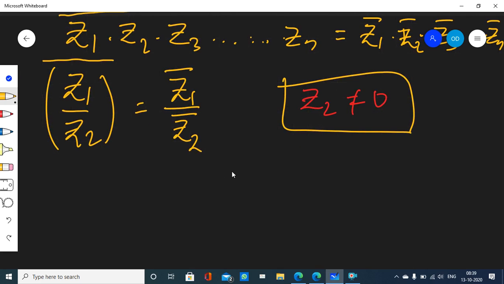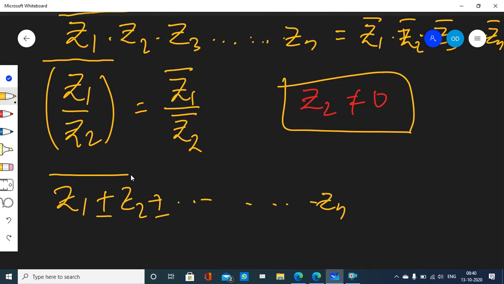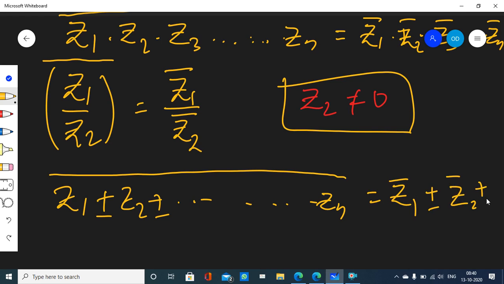Clear? And what else we learned, that if z1, z2, z3 are complex numbers and we add or subtract them and then find the conjugate, this is the same as the addition or subtraction of the individual conjugates. Clear?